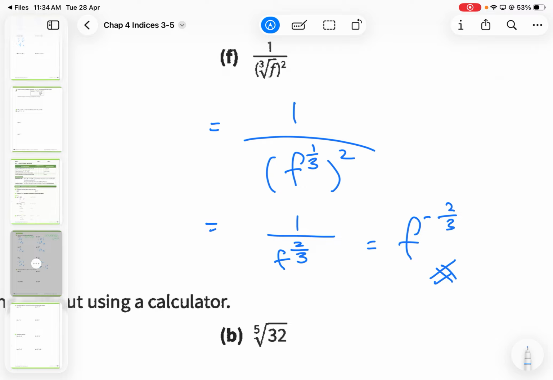One over 3 times 2, because when I square the whole number, it is going to multiply the two index.